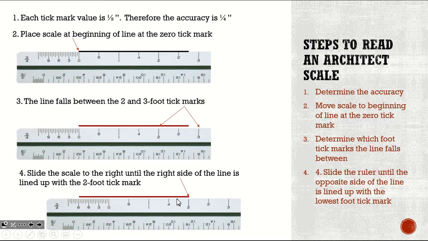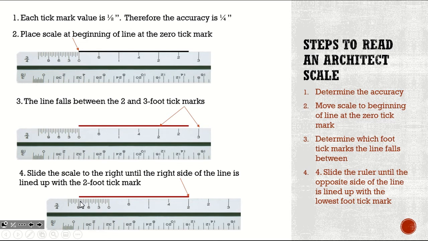Then I know it's 2 feet plus how many inches? So if I look, I have 0, 3, 6, 9. It's about at the 9, so I'd say I could call that 2 foot 9 inches, right? Is this 2 feet 8 inches? This is 2 foot 8.5 inch.